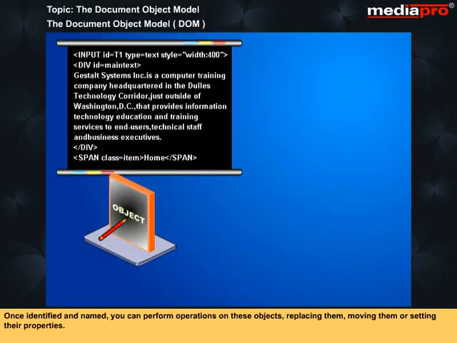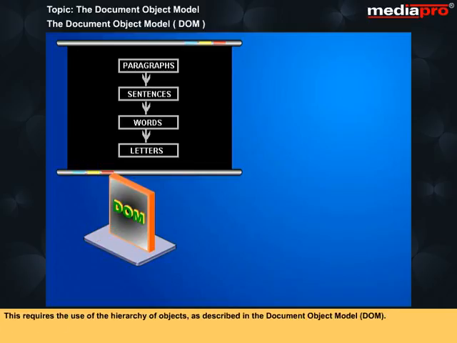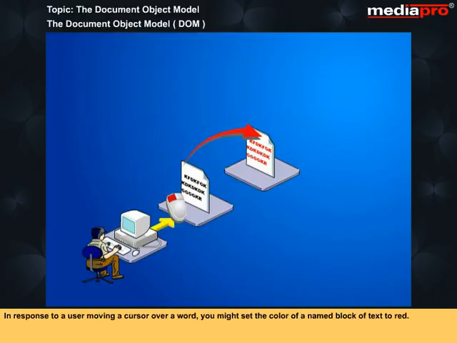Once identified and named, you can perform operations on these objects, replacing them, moving them, or setting their properties. This requires the use of the hierarchy of objects as described in the Document Object Model, DOM. In response to a user moving a cursor over a word, you might set the color of a named block of text to red.